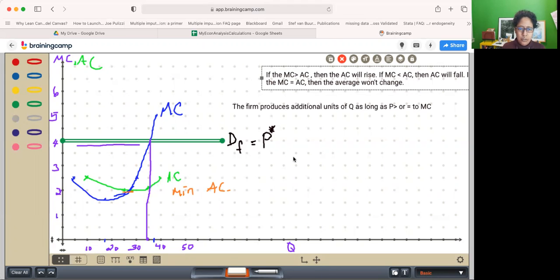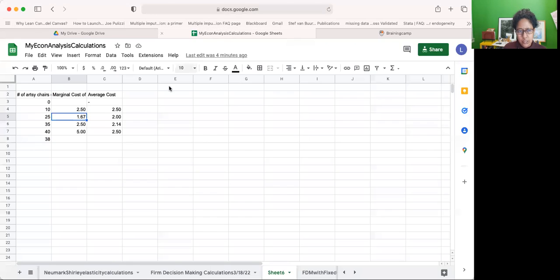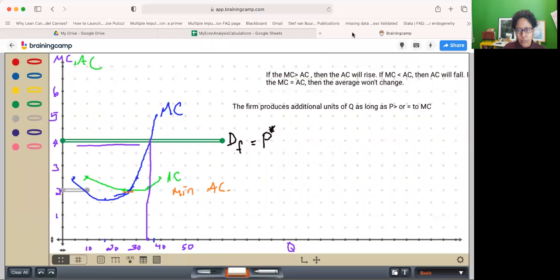So I want to put another line here to make a qualification about this. And so I'm going to use this gray one to see if I can do it here. If we look at our calculations here, the minimum average cost was $2. Oops, let's get out of my Google Drive.